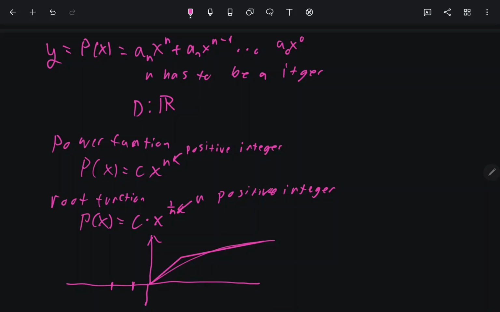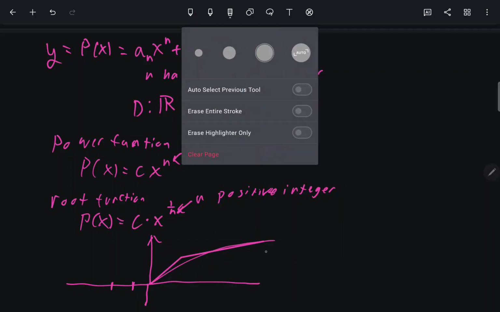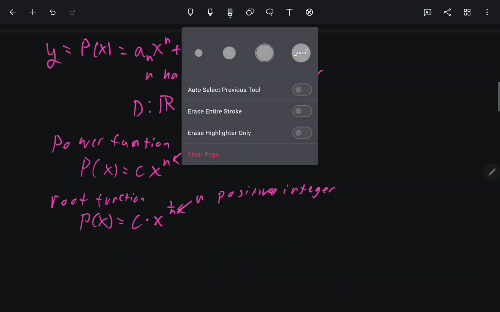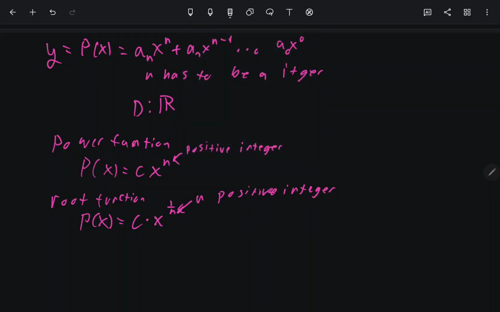So if you plugged in like -2, you wouldn't get a valid output. However, this is largely dependent on the range of its parent function.